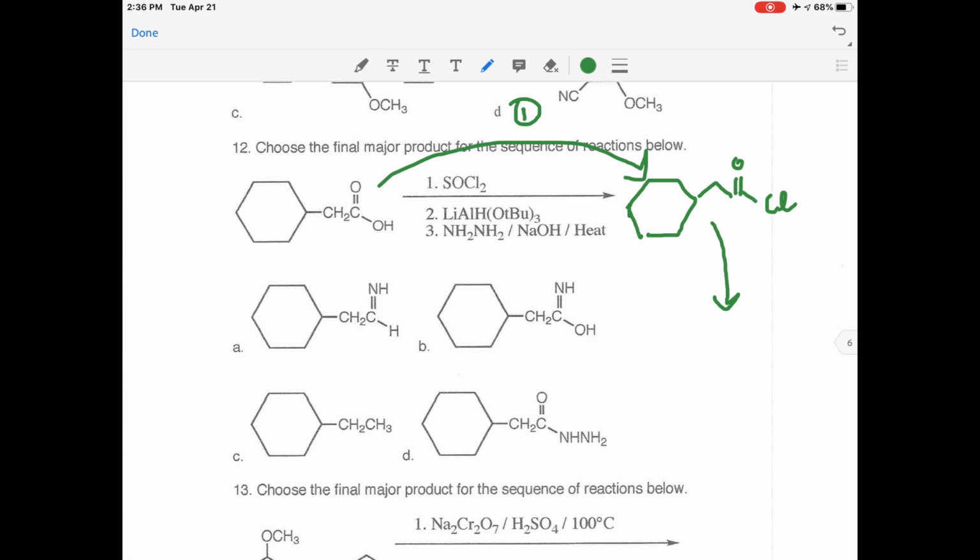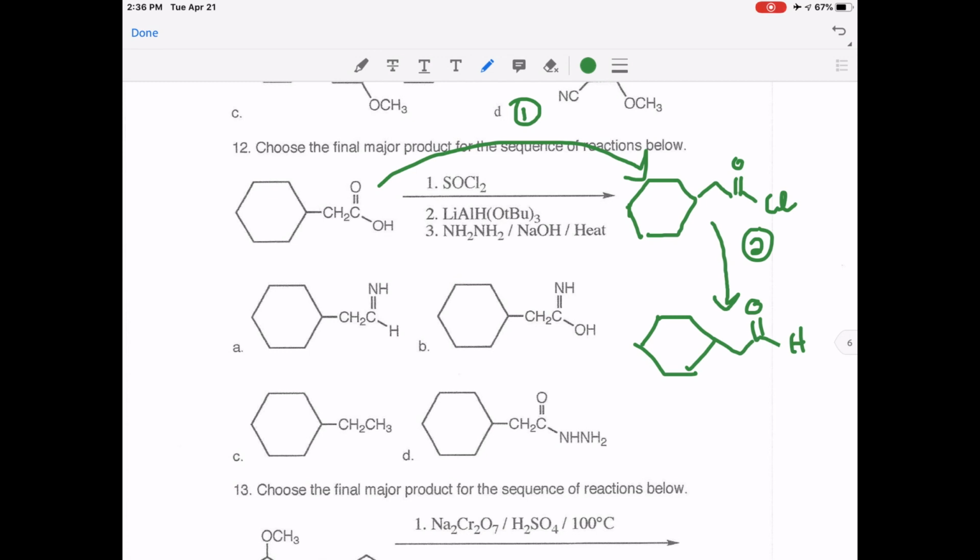So when we draw out the second part of the reaction, we get the aldehyde.